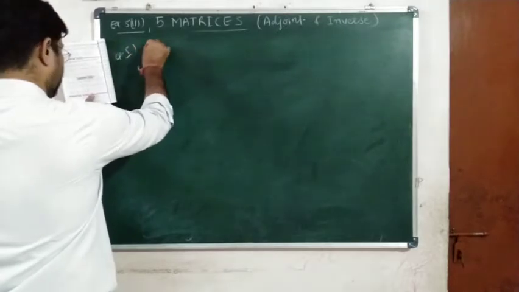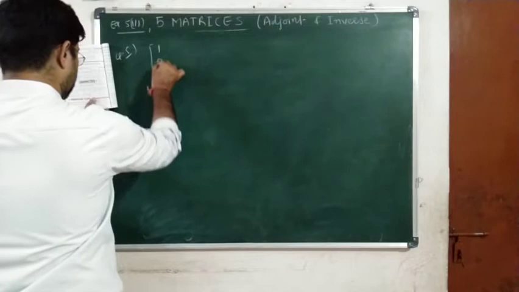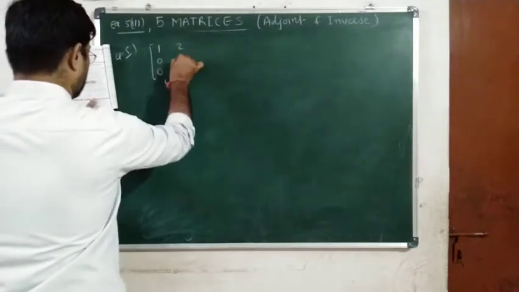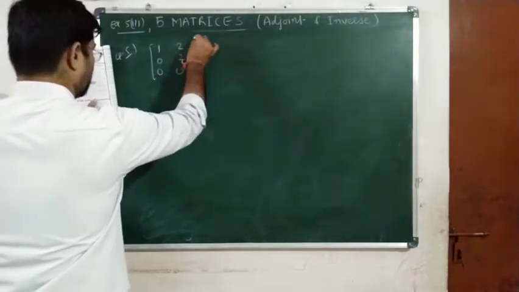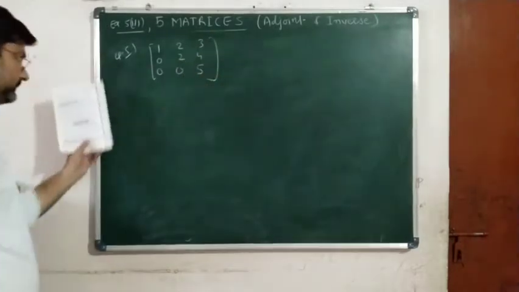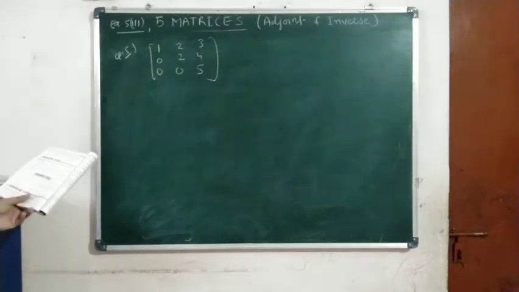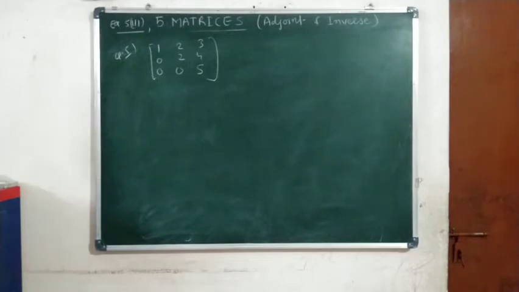Question number 5, we are given 1 0 0, 2 2 0, 3 4 5. Obviously the determinant is 10, not equal to 0. This is an invertible matrix, so we will now use elementary row transformation to find the inverse.